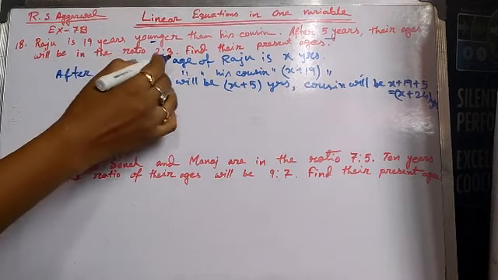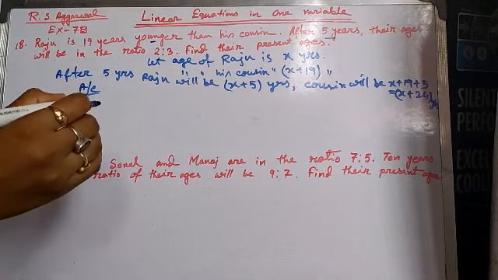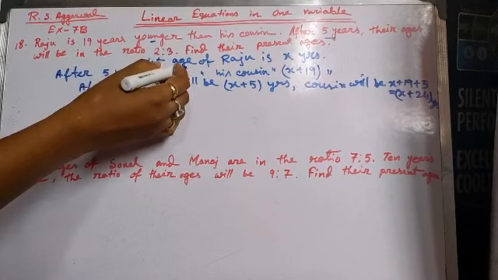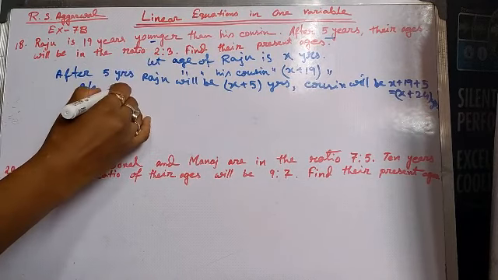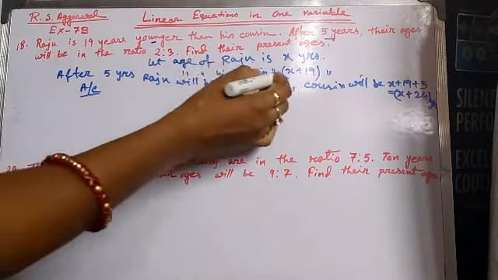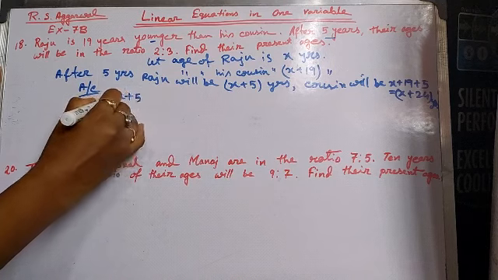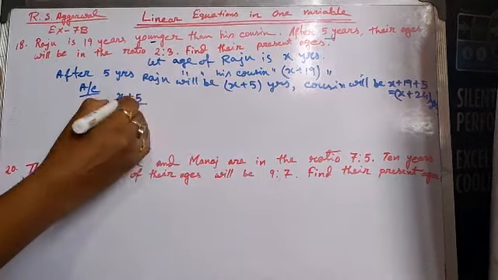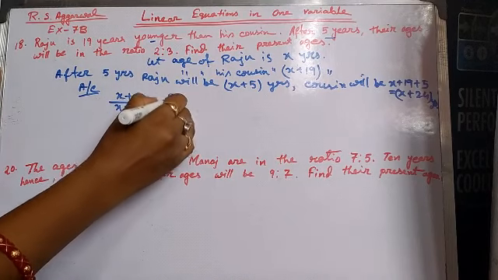Now, the ratio 2:3 is given. That means according to the condition, 2 means Raju, 3 means cousin. Because Raju is younger, Raju's age will be x plus 5 divided by x plus 24, this is the cousin's age, equal to 2 by 3.